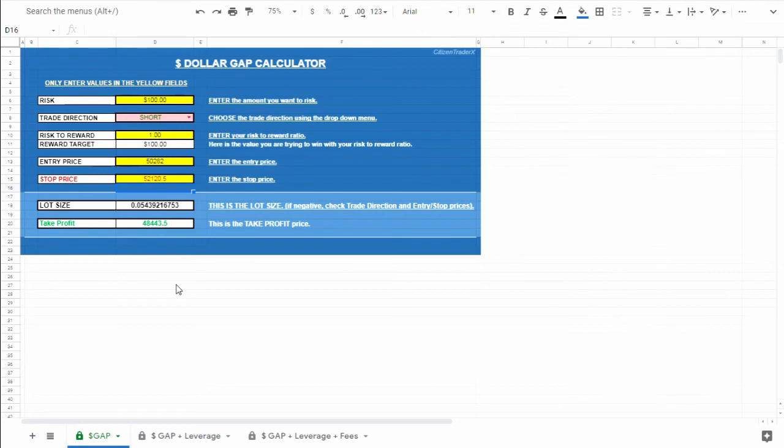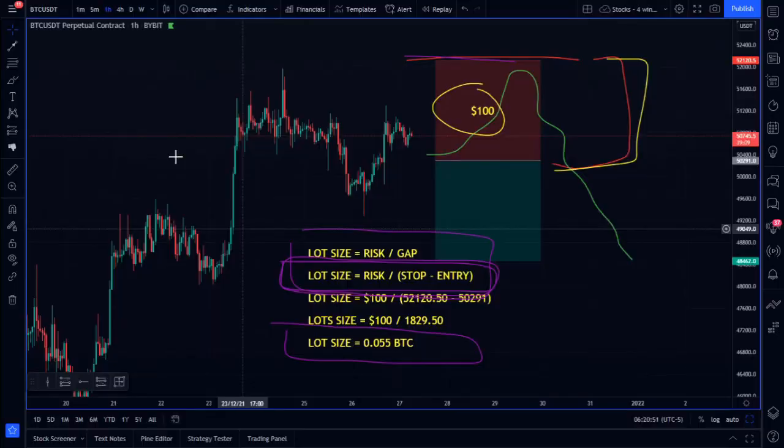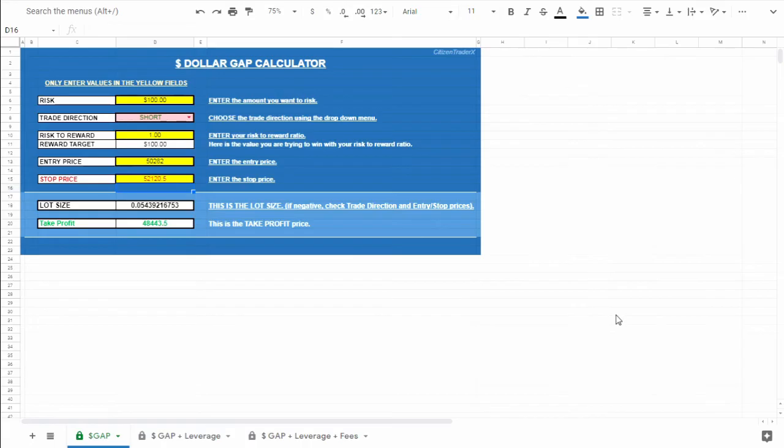Okay, so now what we're getting is $100 risk, trade direction short, risk to reward 1, which means we're going to make 1 if we hit the target. Entry price 50,291, sorry, I had the wrong entry.